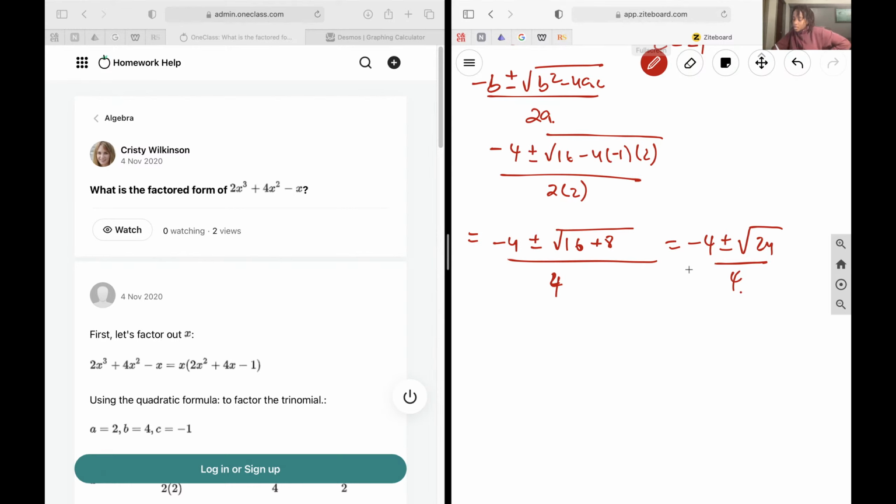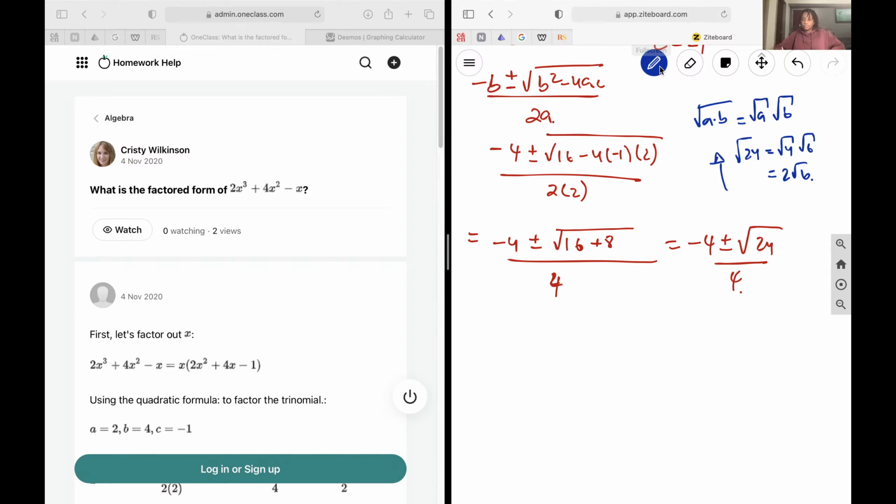24 isn't a perfect square, so I'm going to use square root properties that just state that the square root of a by b is equal to the square root of a multiplied by the square root of b. And so the square root of 24 is equal to the square root of 4 multiplied by the square root of 6. That's 2 by the square root of 6.